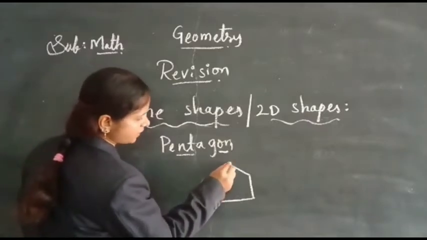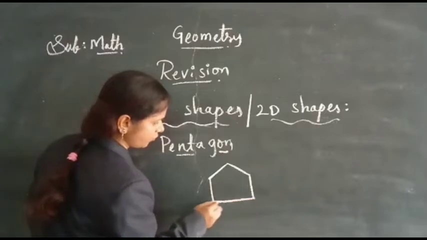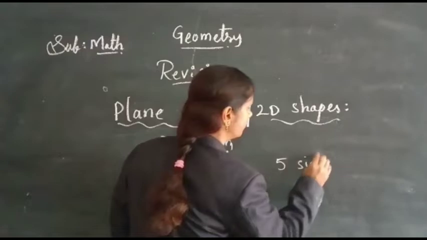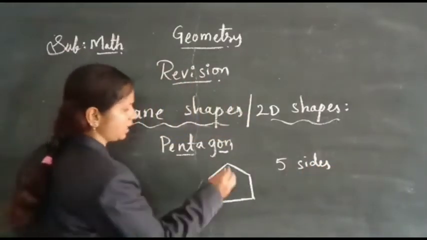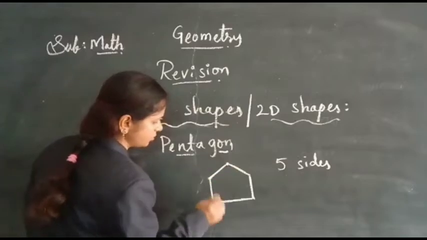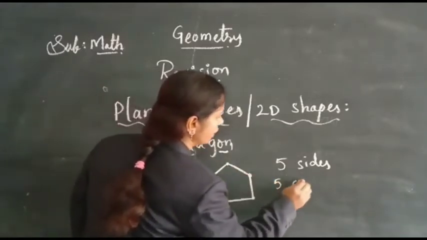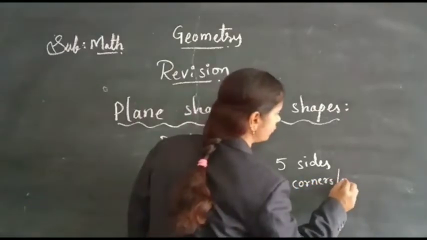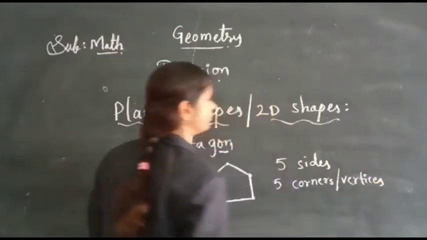Now a pentagon has 5 sides: 1, 2, 3, 4 and 5. So this is a 5-sided figure. A pentagon has 5 sides and 5 corners: 1, 2, 3, 4, 5. 5 corners are 5 vertices.